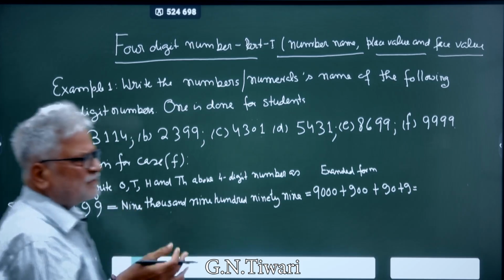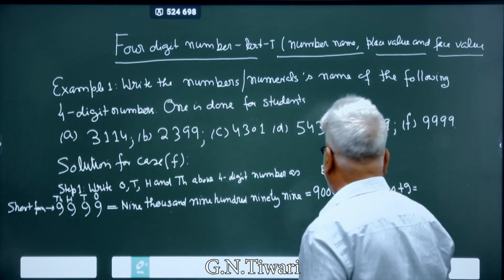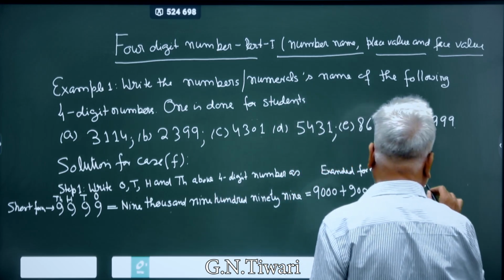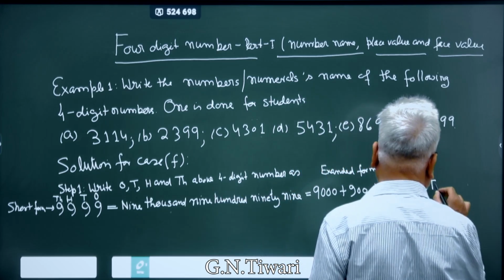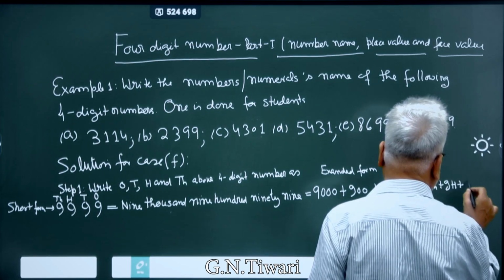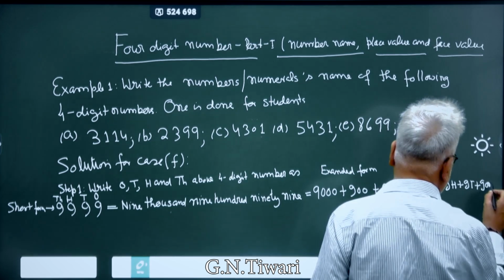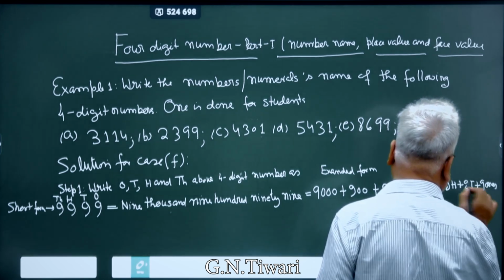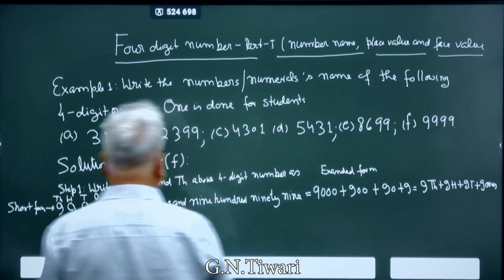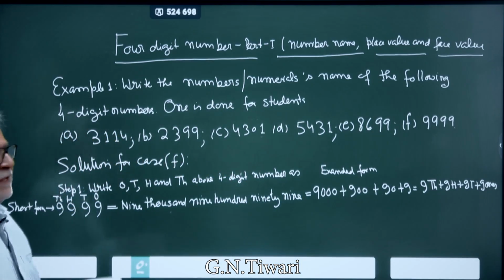I am repeating all these things so small kids should understand clearly. This is another way to write the expanded form: 9 TH plus 9 H plus 9 T plus 9 ones. Everywhere it is 9.